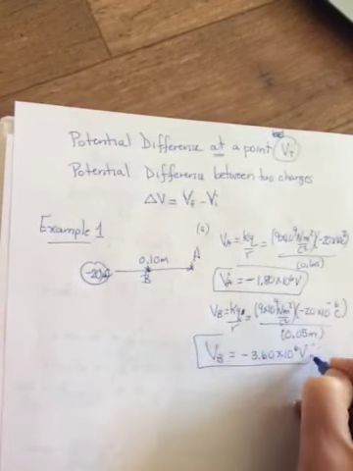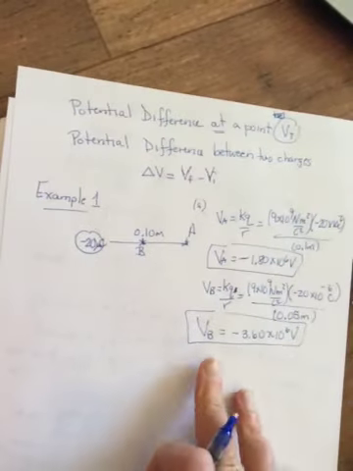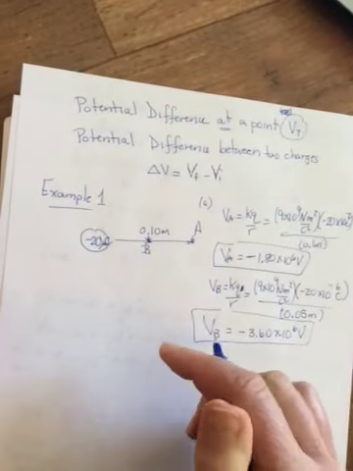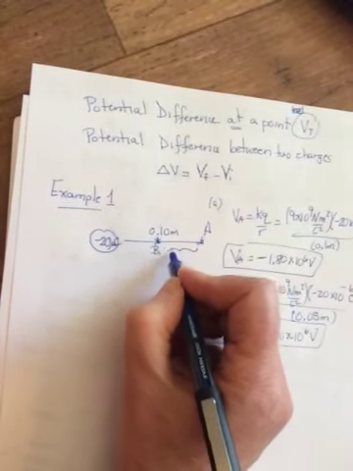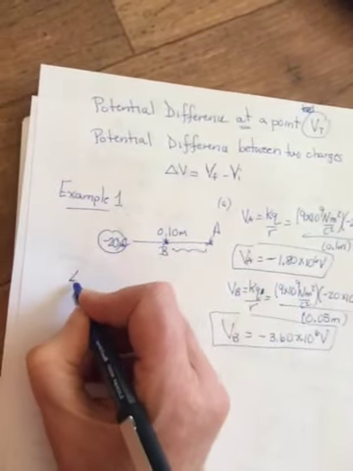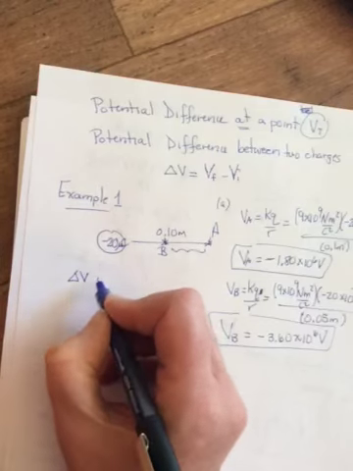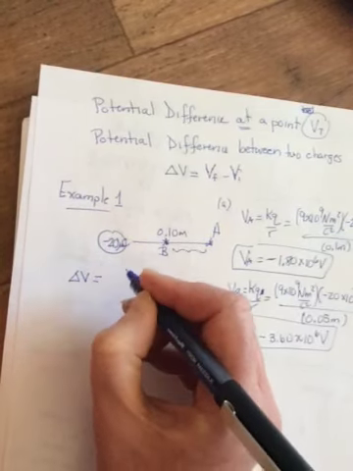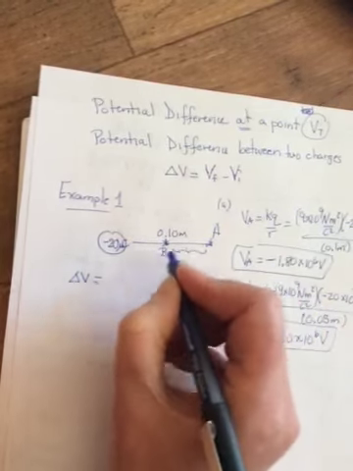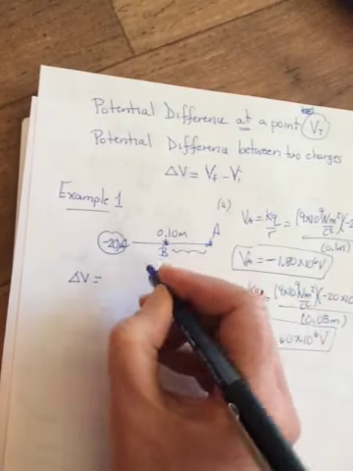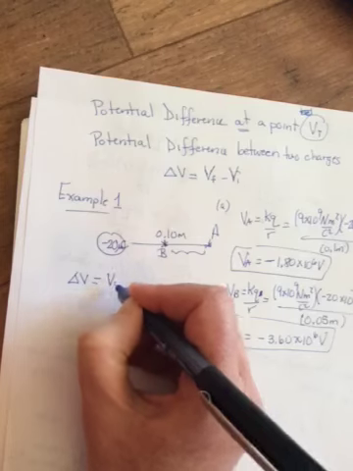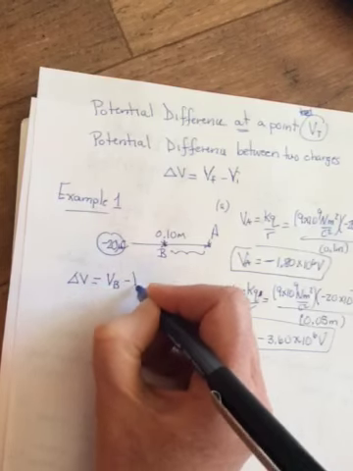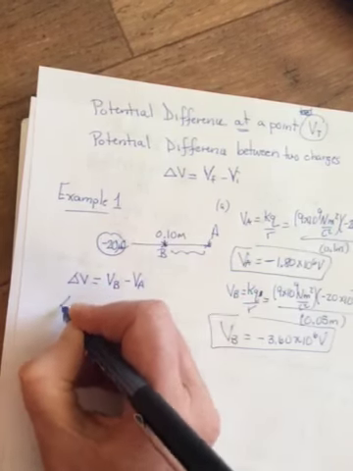Voltages, when we're dealing with little charges, are usually quite big. Part C says, what is the potential difference between them? Difference between them, meaning subtract them. And it didn't say which one was first and which one was second, but I'm going to assume the first one they gave us was first, and the second one they gave us was second. So it's always final minus initial, so it'd be VB minus VA.